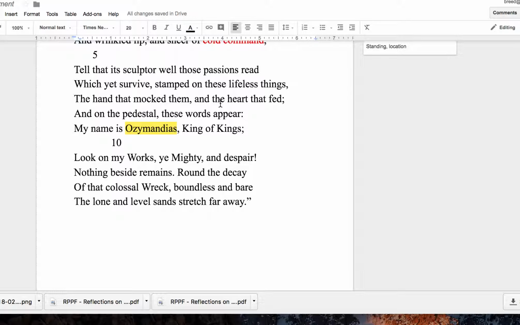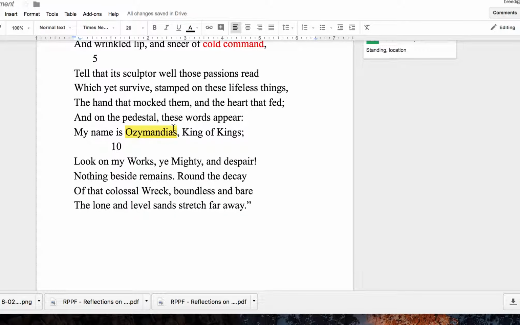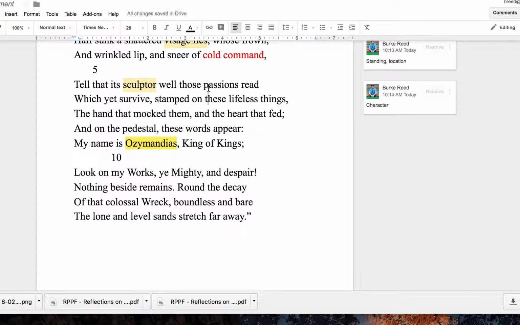"Tell that its sculptor well those passions read, which yet survive stamped on these lifeless things." Okay, so again, we've got lots of examples of alliteration and sibilance here. Sculptor, survive, stamped. All right. We also have a sculptor. We have another character within this poem. So who this person is exactly, we're not entirely sure.